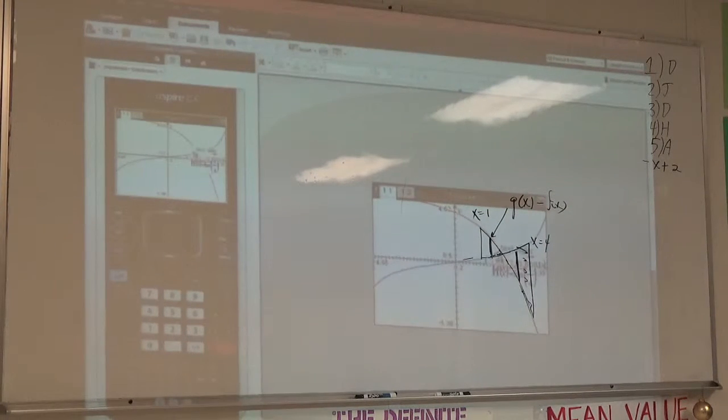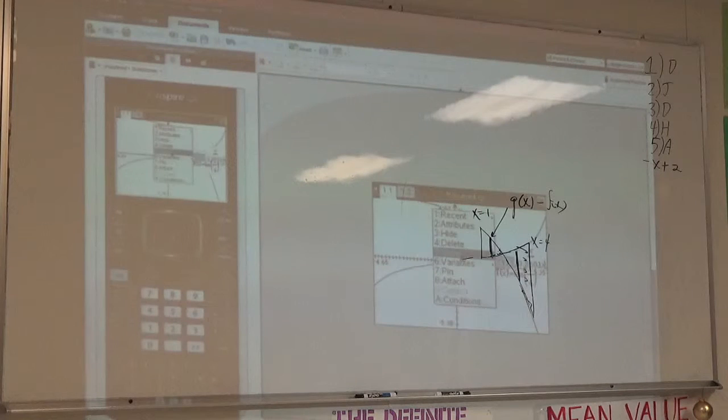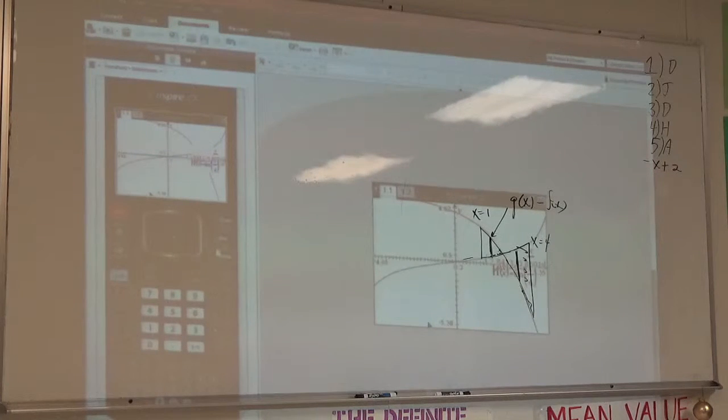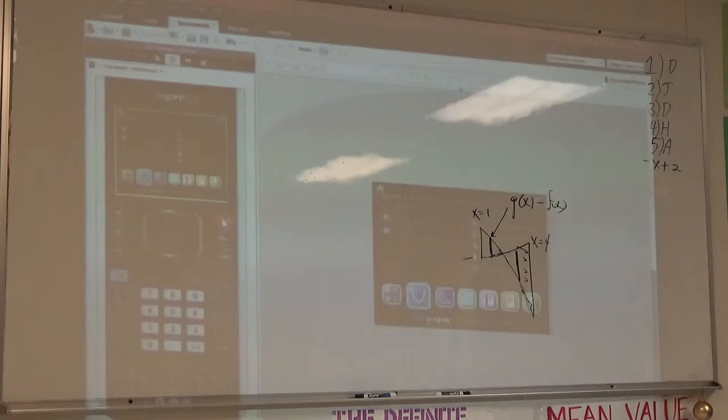Chepe, what's happening over there? You're trying to store. So click on it. Okay, hold on. Hit escape. Okay, go over to the intersection point. No, don't turn off my computer. Go back to your graph.